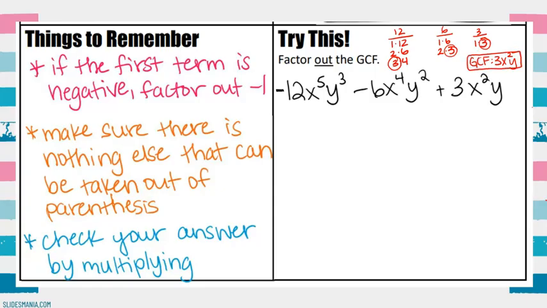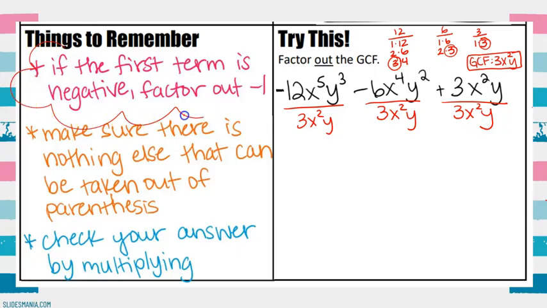Now, in order to factor out, I am going to divide each of these terms by our GCF, except there's one thing I'm going to have to be careful of, which is the fact that I have a negative in the front. The way we get rid of a negative in the front of our polynomial is we will divide by a negative. So instead of a GCF of a positive 3, we're going to use a negative 3. That's going to leave us with that negative 3x to the second y as our GCF.